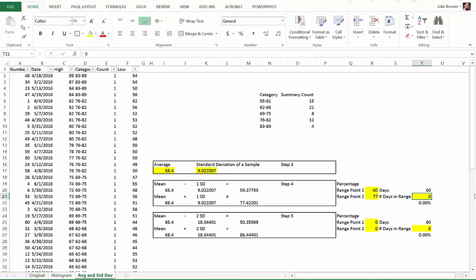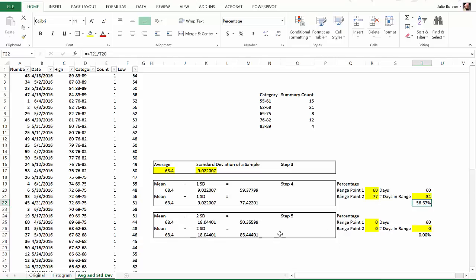So I'm going to type 34 there. This formula is actually taking 34 and dividing it by 60. So that gives me 56.67% of my data points actually fall in that 1 standard deviation.